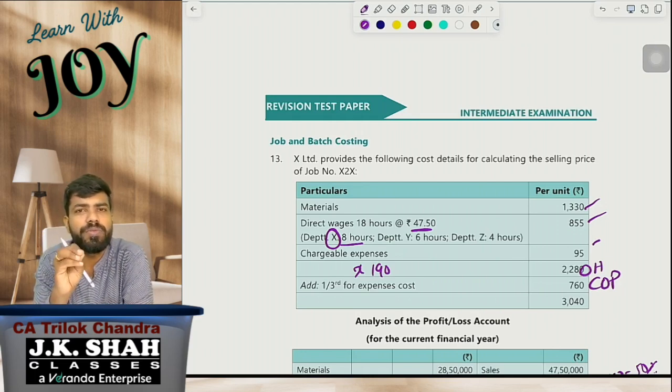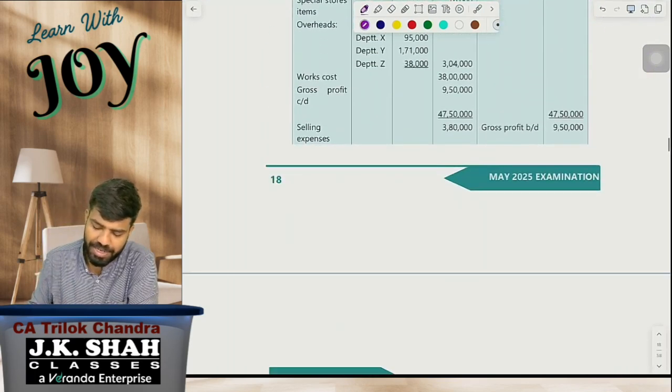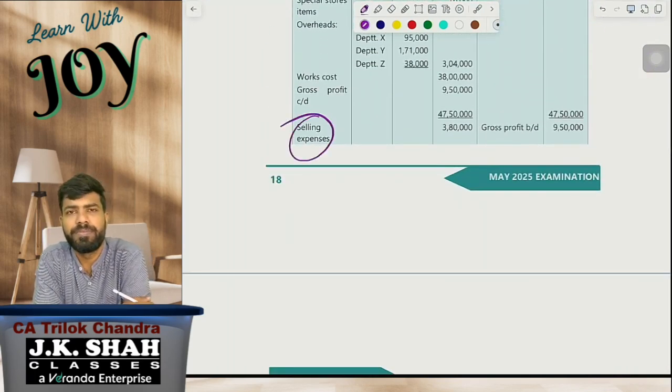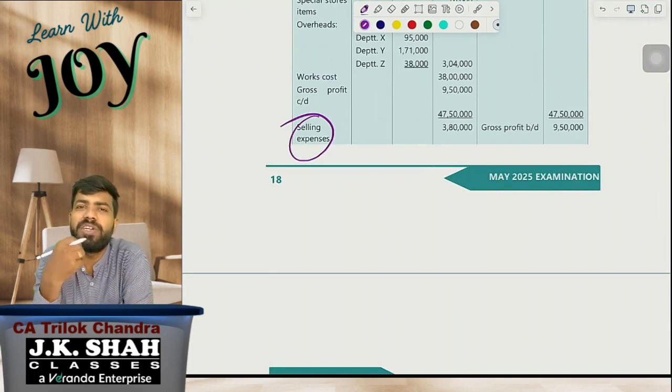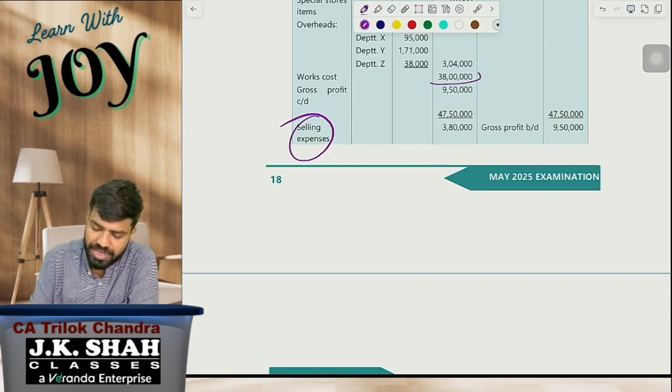To the cost of goods sold, we need to add administration overheads, selling and distribution overheads. If you look at the P&L, it has only selling expenses. This is the only point you need to remember. Selling expenses in this question are absorbed based on works cost. Works cost is 38 lakhs.